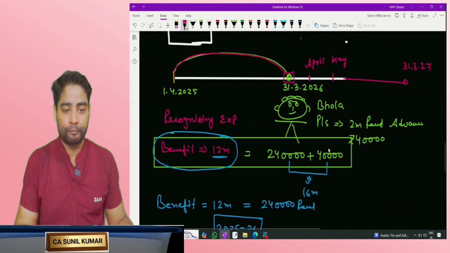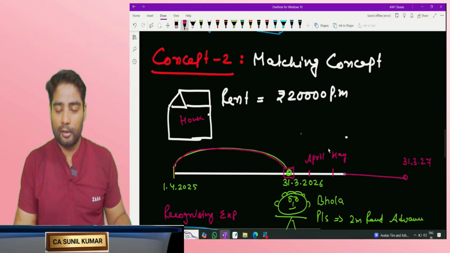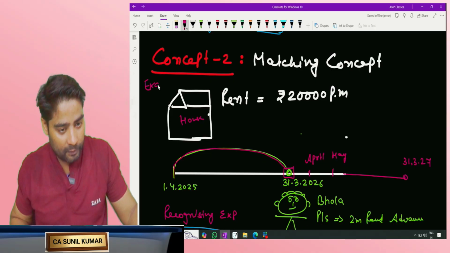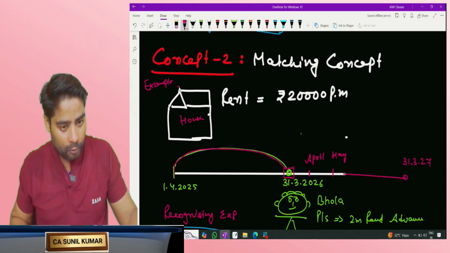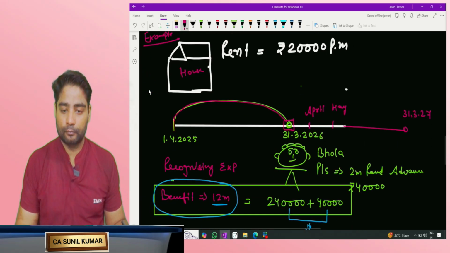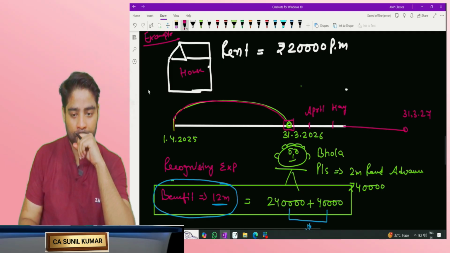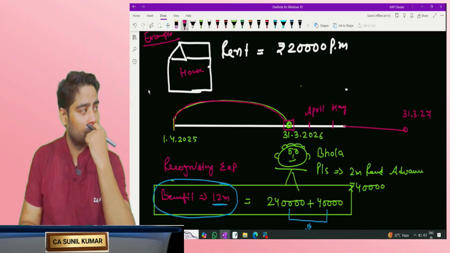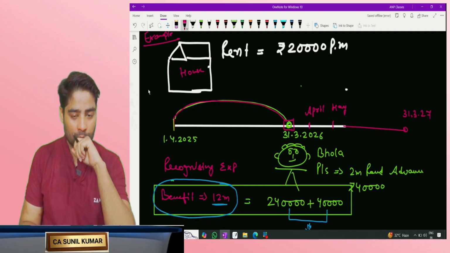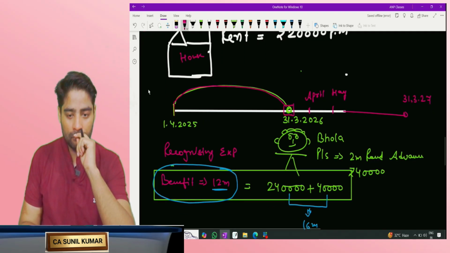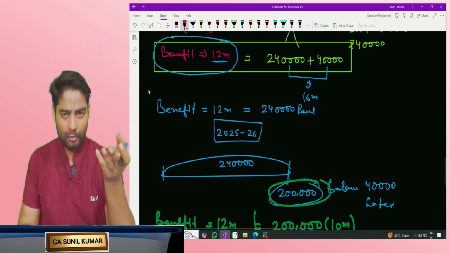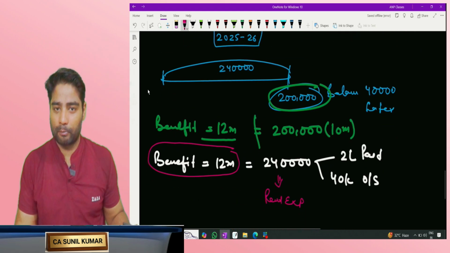Now write down the example. If not, I'm giving you time to write down the example. You can pause the video and write the whole example.